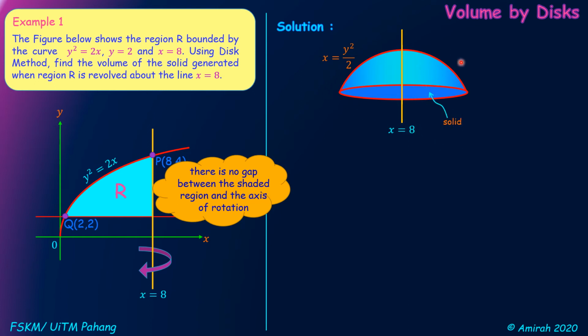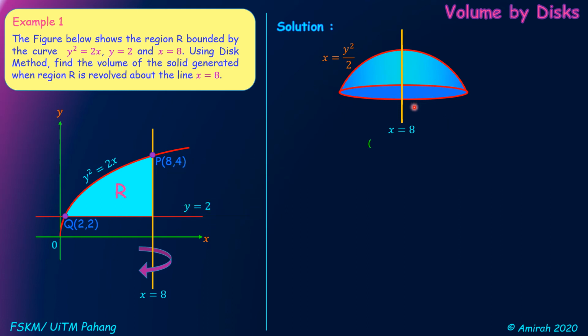This is the diagram after rotation. The vertical line here is the axis of rotation, the line x equals 8, and this is the given curve.